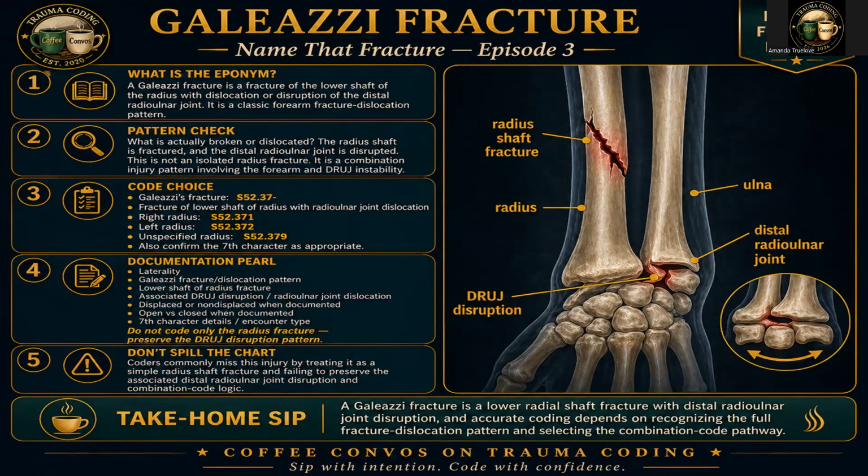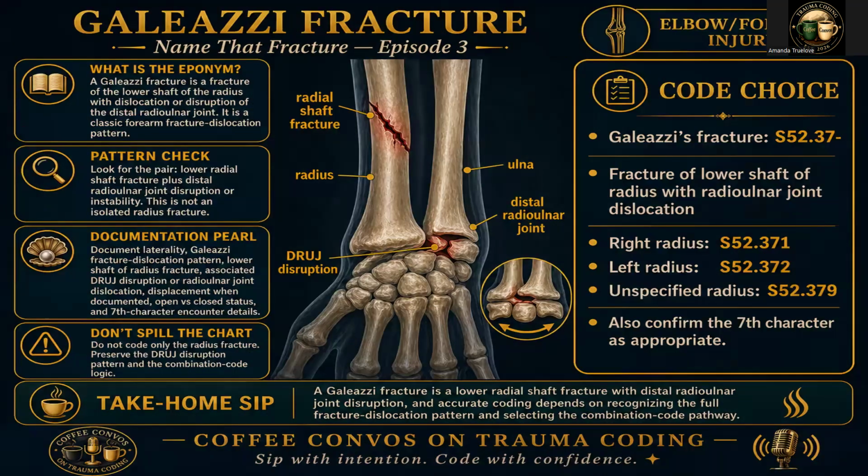So with that understood, we know the distal radioulnar joint language is essential in being sure we don't spill this chart, right? And make mistakes with our coding. So our common coding miss is focusing only on the radius fracture and not reviewing the wrist alignment, not checking those operative notes for the distal radioulnar joint instability.